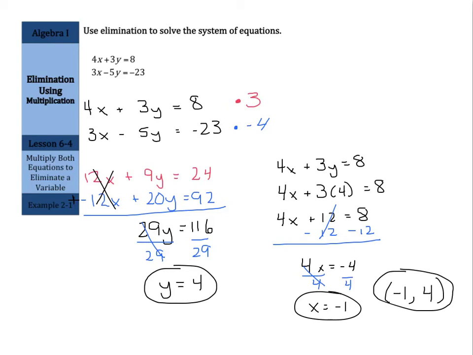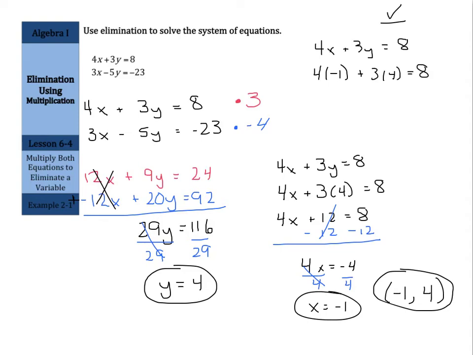Now there is a way to check these. If you pick the first equation, say 4x plus 3y equals 8, and you substitute in -1 for x and 4 for y, 4 times -1 plus 3 times 4 should equal 8.